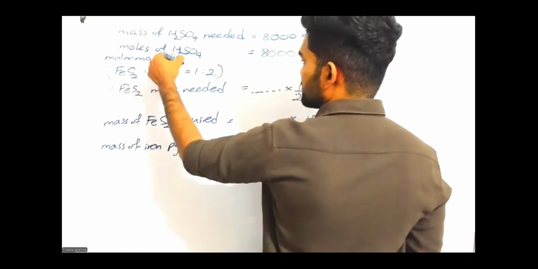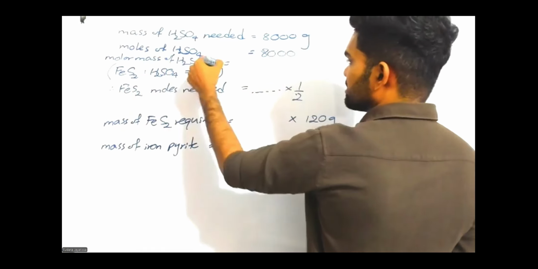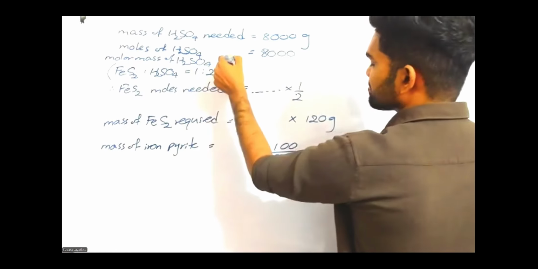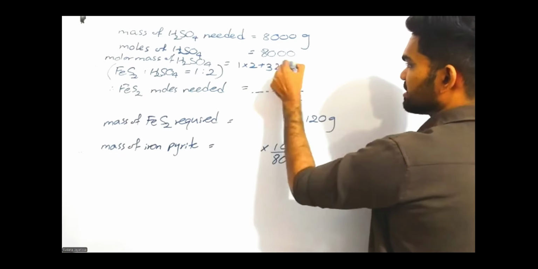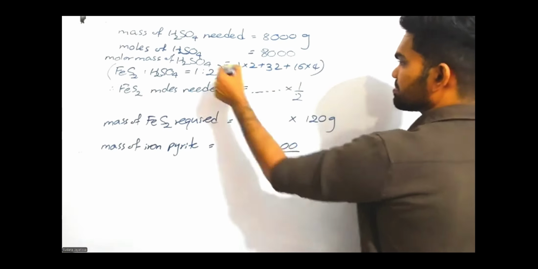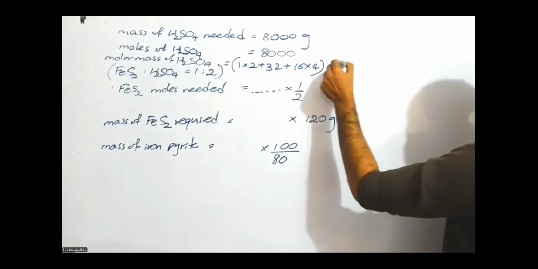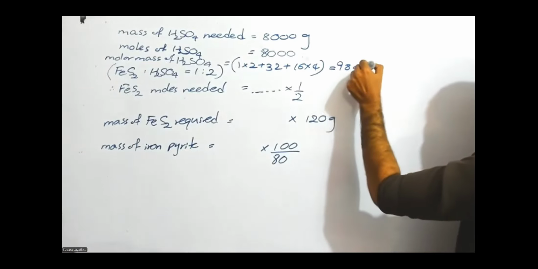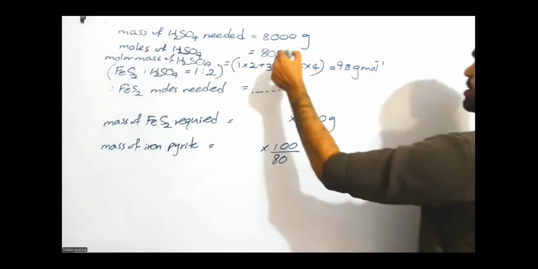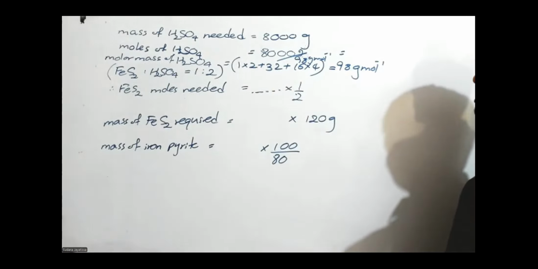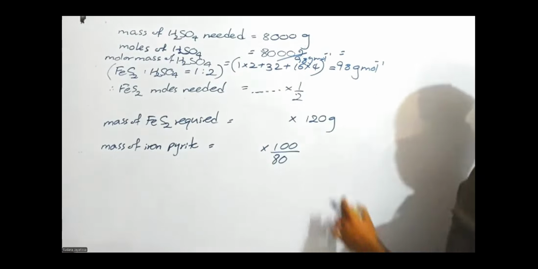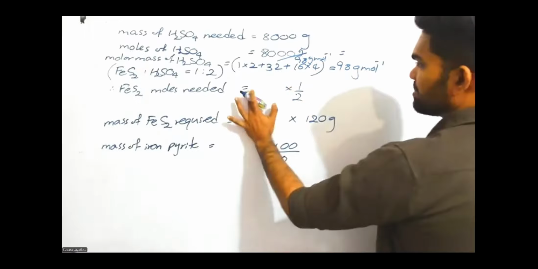Molar mass of H2SO4, for that you will be given marks. 1 into 2 plus 32 plus 16 into 4. You'll be getting 98 grams per mole. So you need to divide this one by 98. Then you can show how many moles you are getting. Now this is also not divisible, so let's keep it as a fraction.